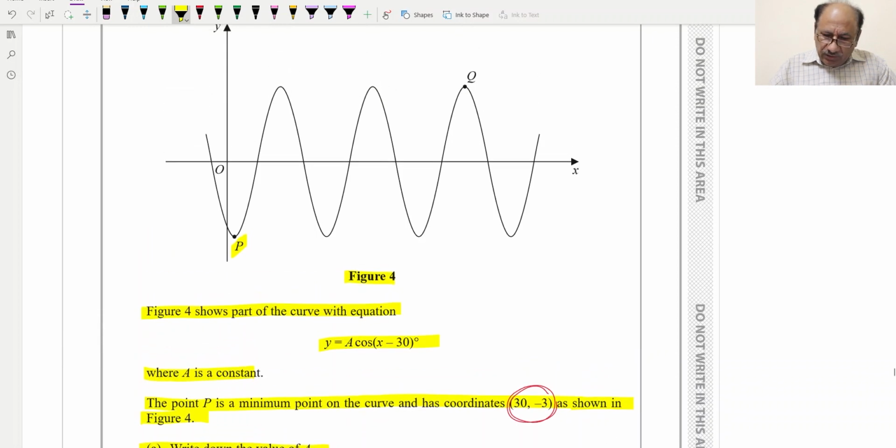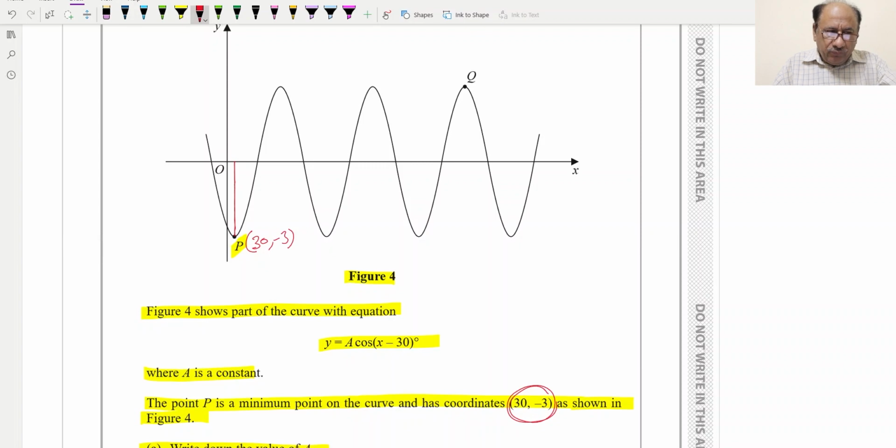A is basically the amplitude, so what we can do is check for this one. They are saying the coordinate point P is the minimum point on the curve having coordinates (30, -3).